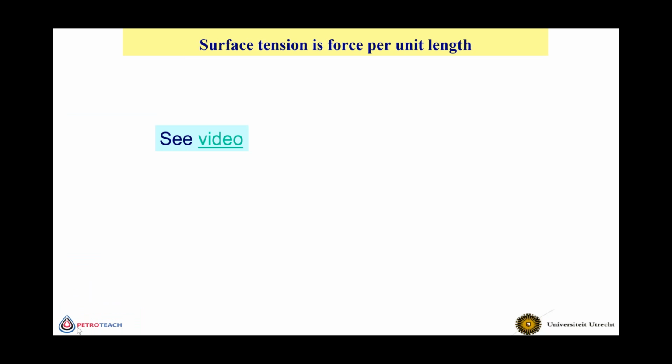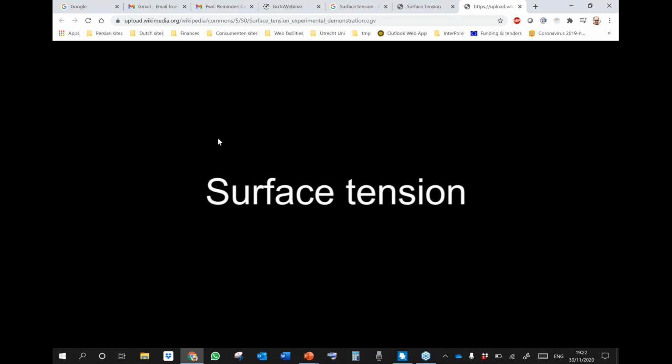There is another video I'd like to show that shows surface tension. You can also see it as force per unit length. So hopefully that can be shown here. It's coming. And this is also a frame that is put inside soap water.